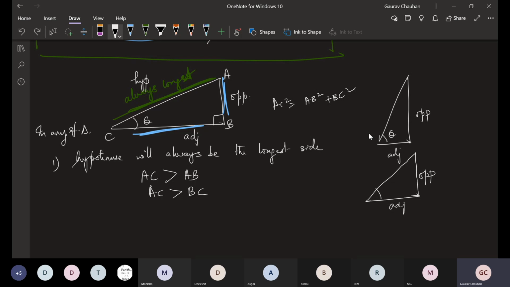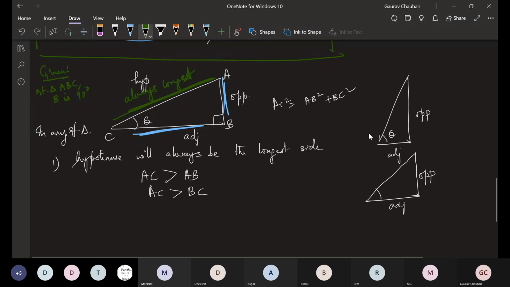But right now, given is only this much, that there is a right triangle ABC, B is 90 degree. All you can say is AC, that is the hypotenuse, will be longest. That's all.